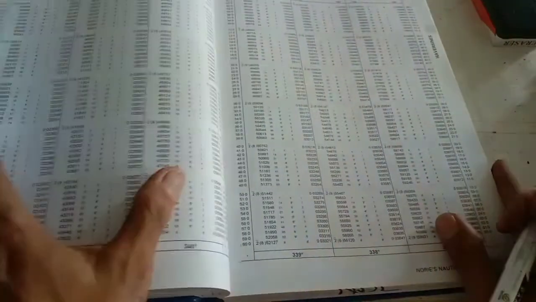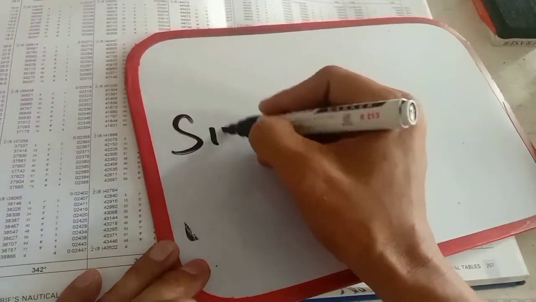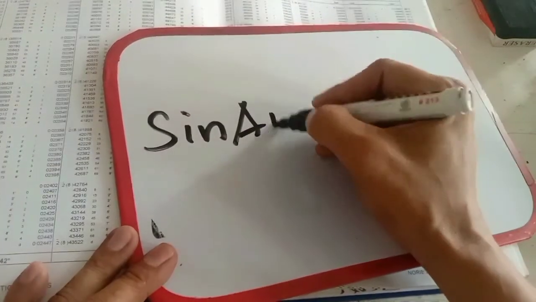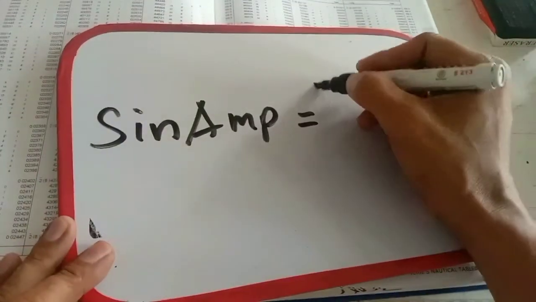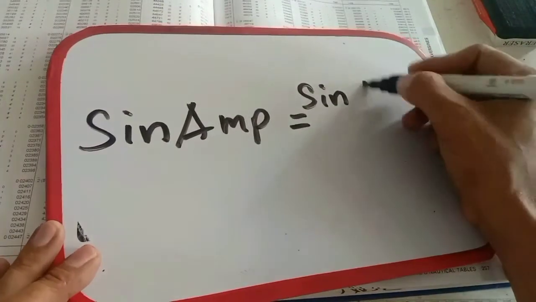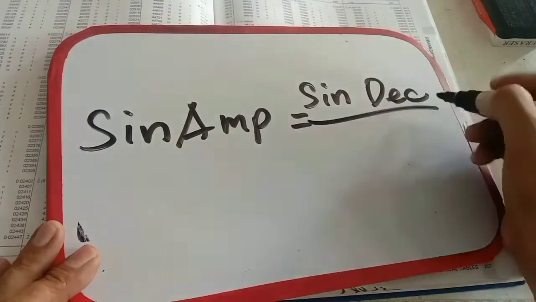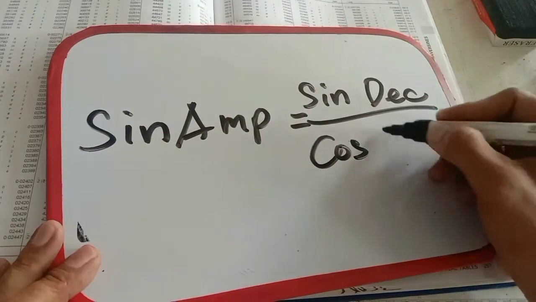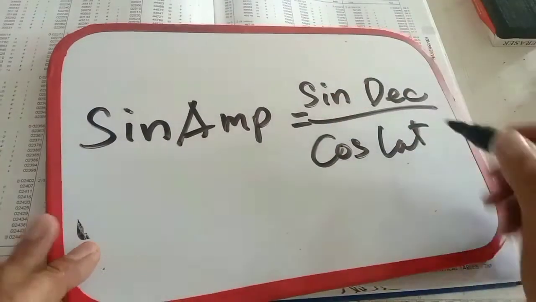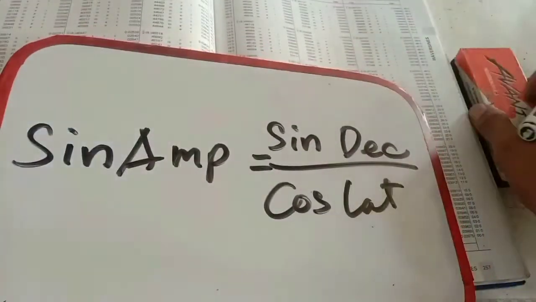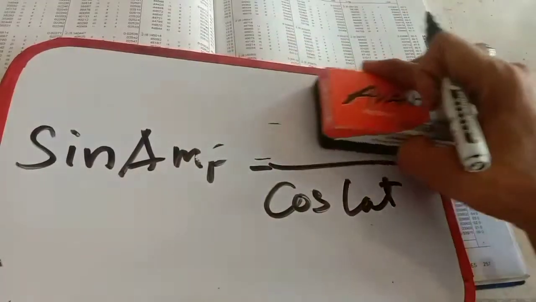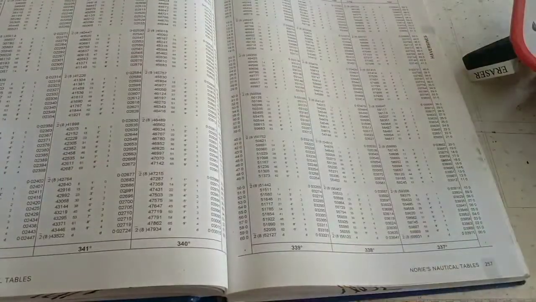So, pupunta tayo doon sa natural table, which is, the formula is sine amplitude equals sine declination over cosine latitude. So, titingnan natin ang value nito. What is the value of sine declination? 13 degrees.